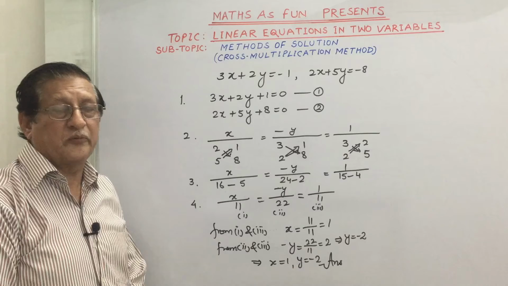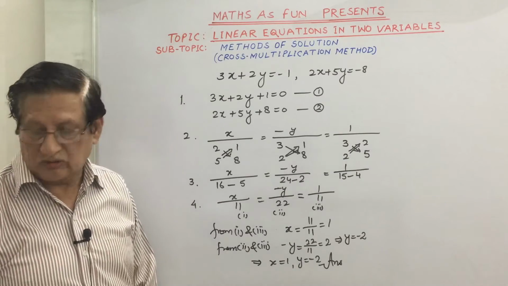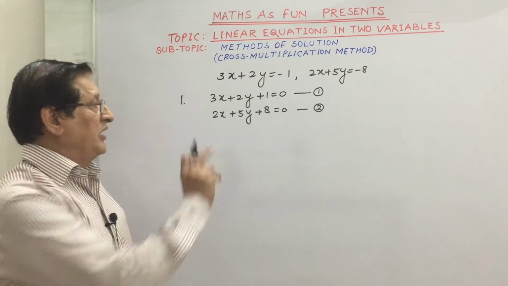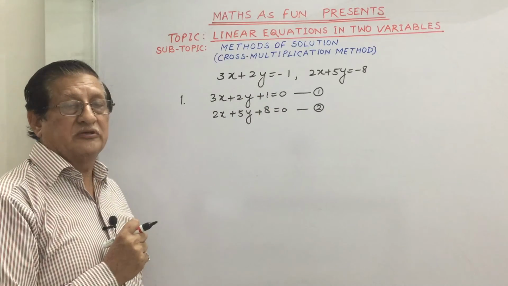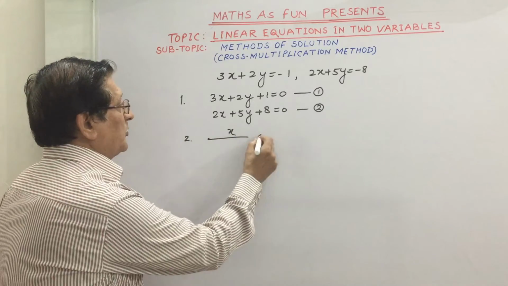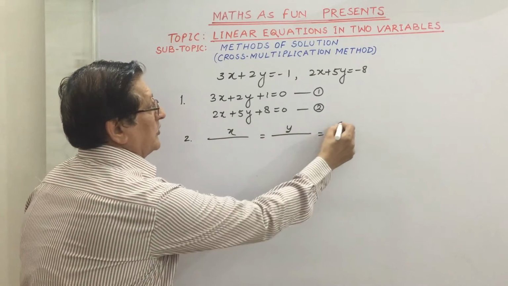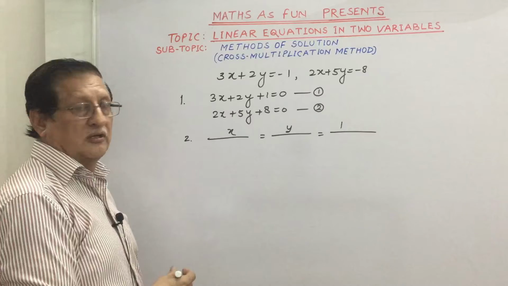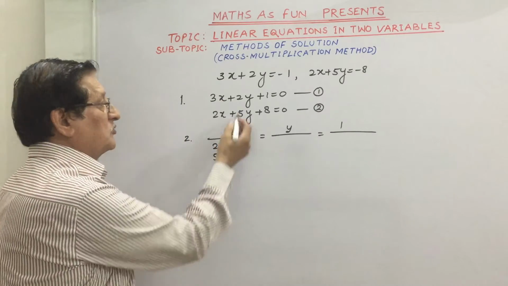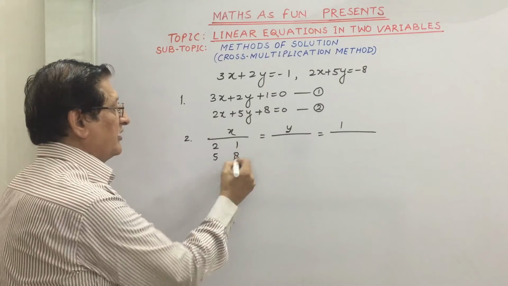Let's see the same problem by the second method I told you, avoiding this minus. We had the first step of writing the equations in general form. Second, I told you we'll write x upon, y upon, 1 upon, leaving the coefficients of x. We will have this first column 2, 5, second column 1, 8.